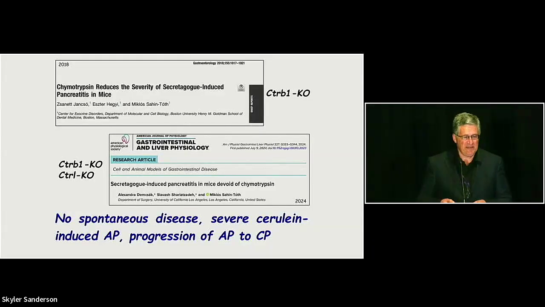Even the wild-type mice recover quickly after cerulein challenge. So I highly recommend these strains if you don't want to touch the trypsinogen chromosome, which is sometimes difficult to manipulate because there are a whole lot of other genes on that chromosome which are important for pancreatitis.